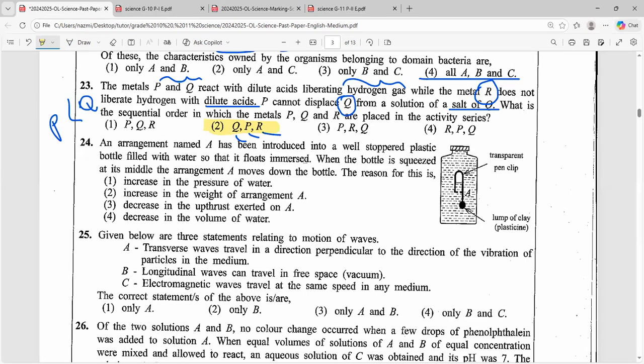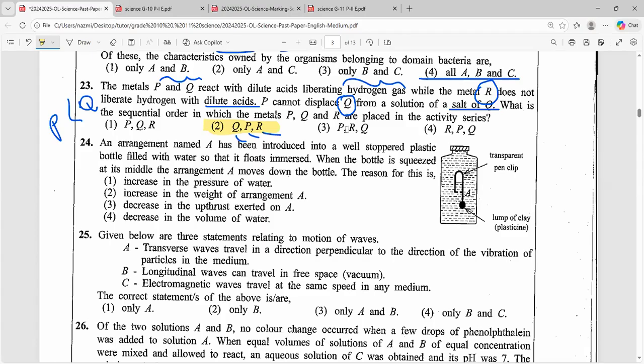An arrangement named A has been introduced into a well-stoppered plastic bottle filled with water so that it floats immersed. When the bottle is squeezed at its middle, the arrangement A moves down the bottle. The reason for this is, increasing the weight? Now what are they doing? They are squeezing the bottle in the middle.